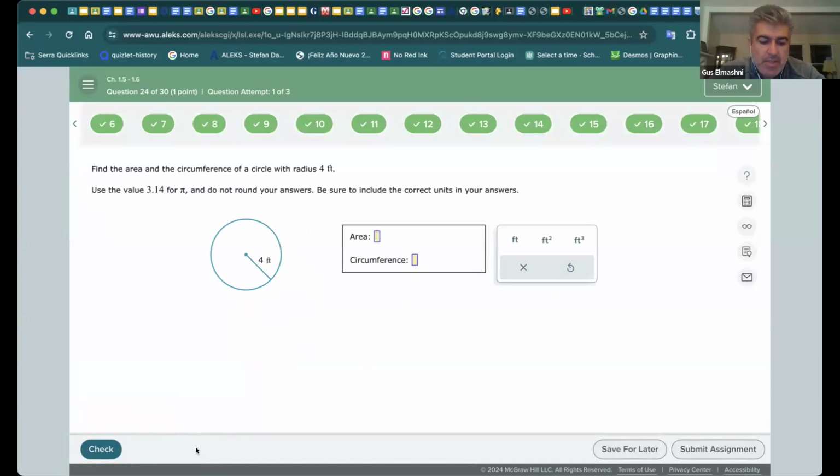So area is going to be 16 times 3.14, and perimeter will be 8 times 3.14. So you should get 50.24 and 25.12.